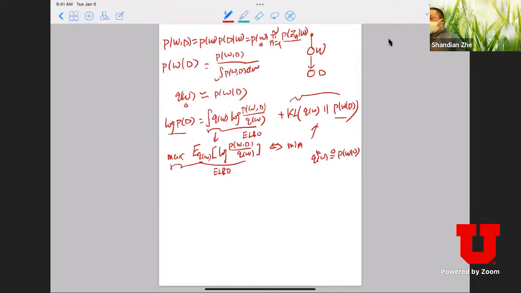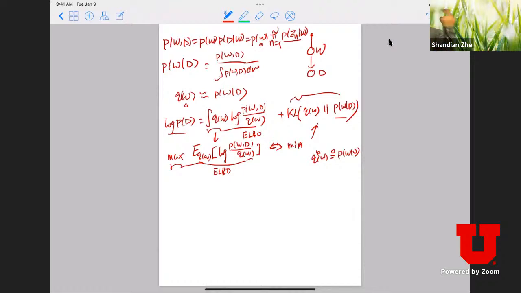Of course, in most cases, we cannot directly maximize this if you don't put any simplification on Q of W or other relaxation forms. So let us just put that aside. If you don't put any constraint over Q of W, you just assume Q of W can be whatever you want. And suppose you're super powerful, you can maximize this ELBO and get to the global maximum.